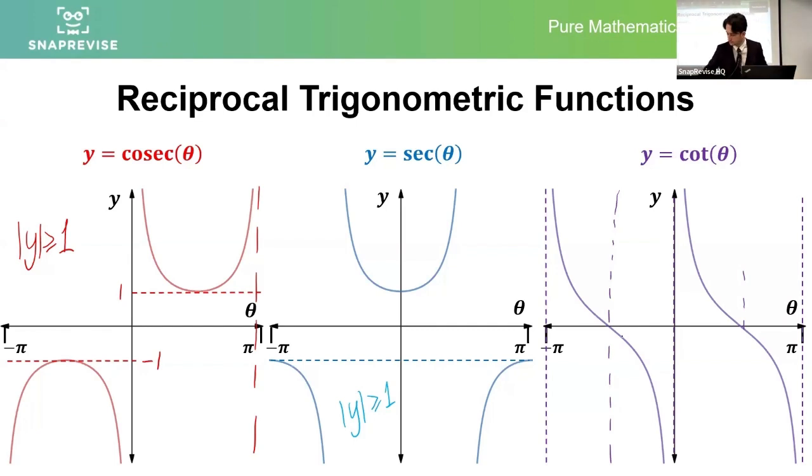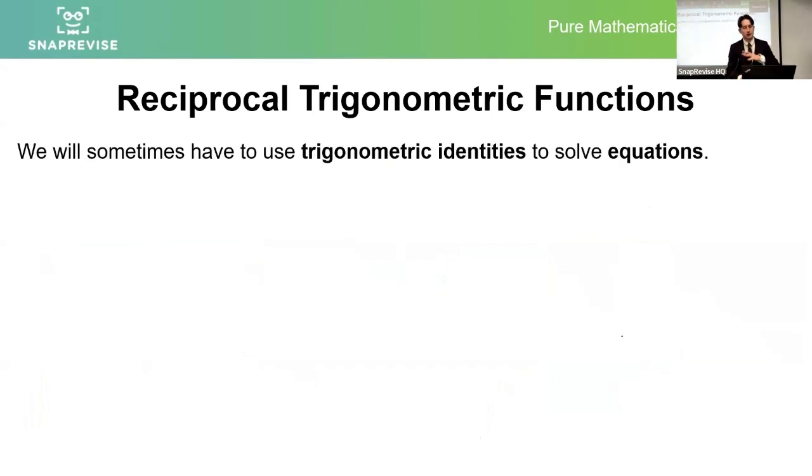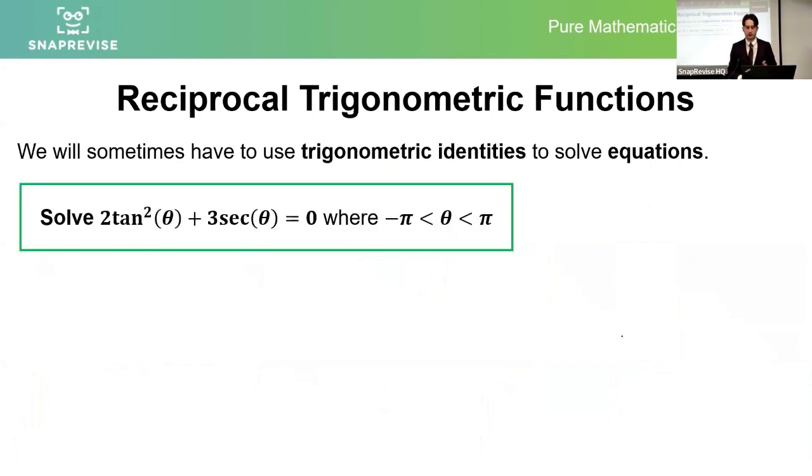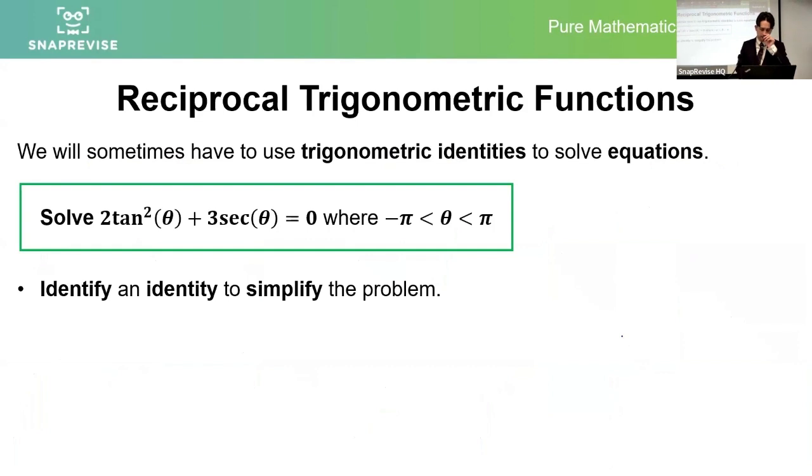Okay, so we're going to look at solving some trig equations where they've got reciprocal functions. So sometimes the trig identities are needed to solve equations. For example, this one here. Notice it's in radians, and we'll need to identify the identity that we need.